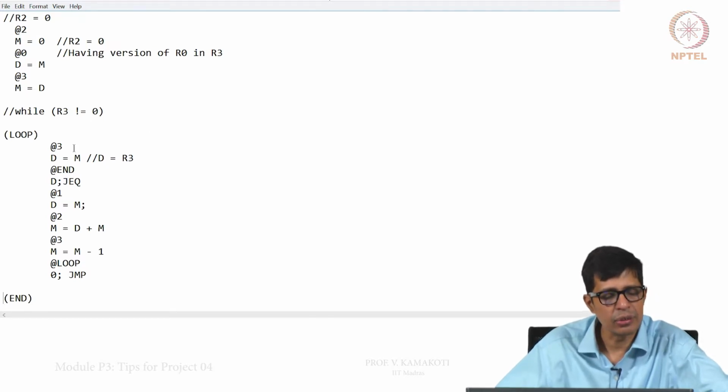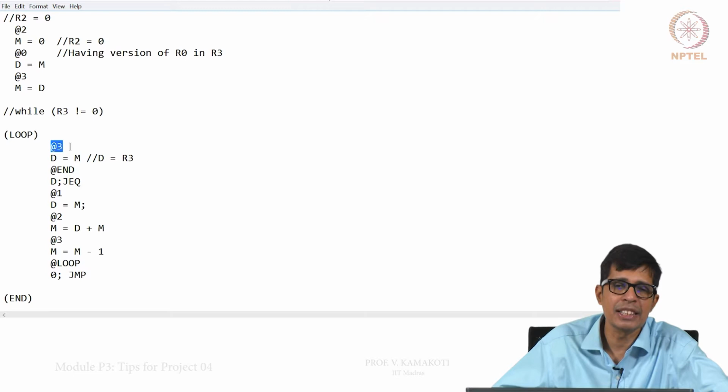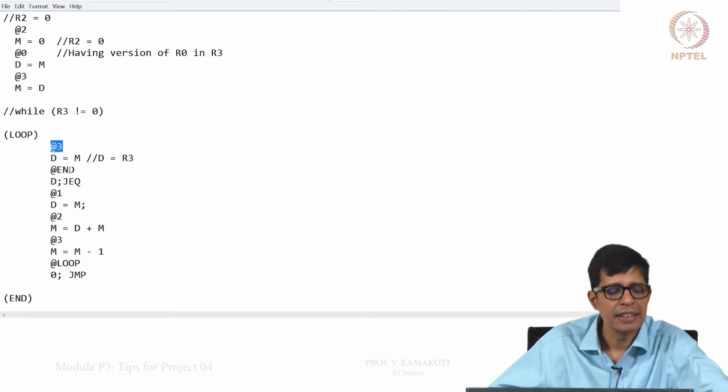So, where is R2? While R3 is not equal to 0, first I have to check that condition. I am first reading R3. Where is R3 stored? It is stored in M3. So, first I am taking the address 3, and copying the content of address 3 into the D register, D equal to R3.